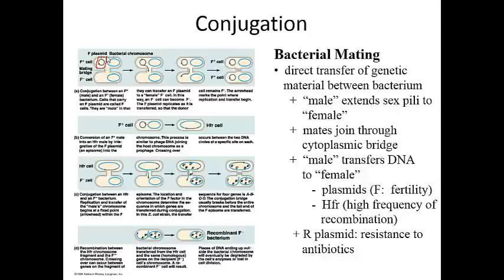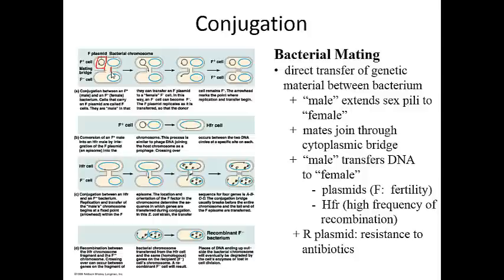F stands for fertility. The F plasmid contains genes that allow the bacteria to form what we call a sex pili. A sex pili is a projection that sticks off of the bacteria, and it allows the bacteria to form a cytoplasmic bridge with another bacteria.